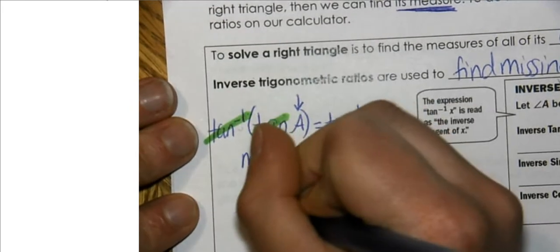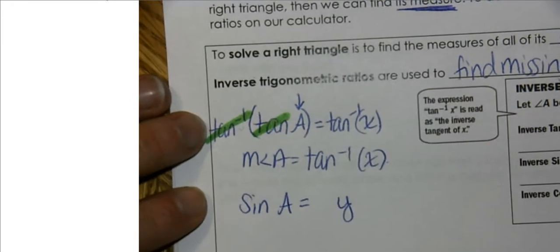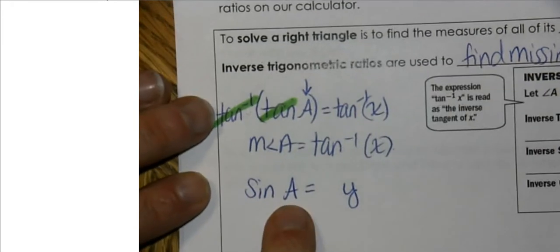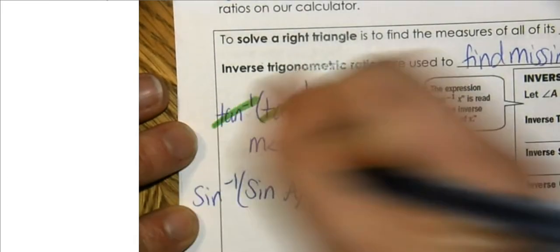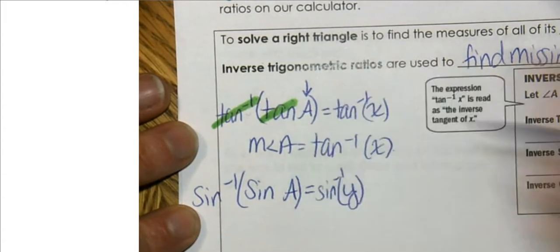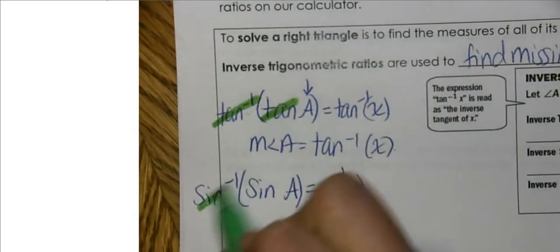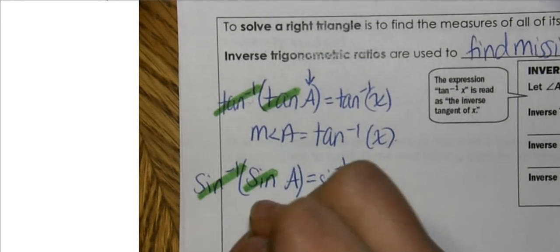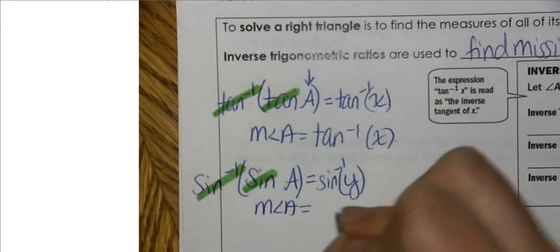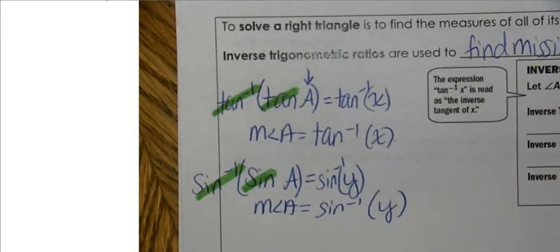Next, if we have the sine of A is equal to y, and I want to figure out what the measure of angle A is, what I can do is I can take the sine inverse of both sides. And what happens is that the sine inverse and sine will cancel away, leaving us with just the measure of angle A. So the measure of angle A will equal the sine inverse of y.